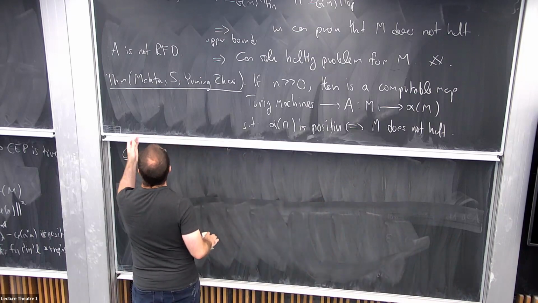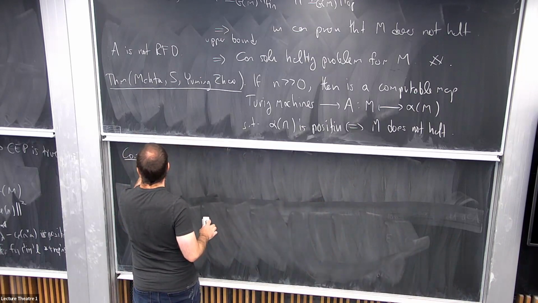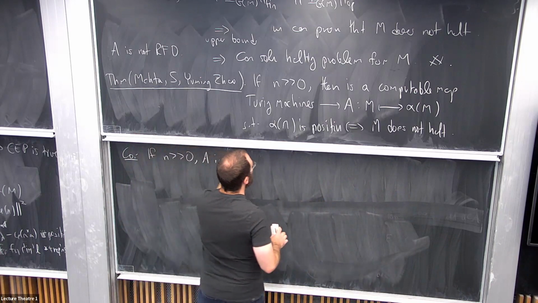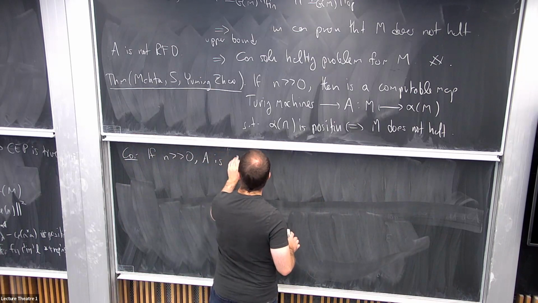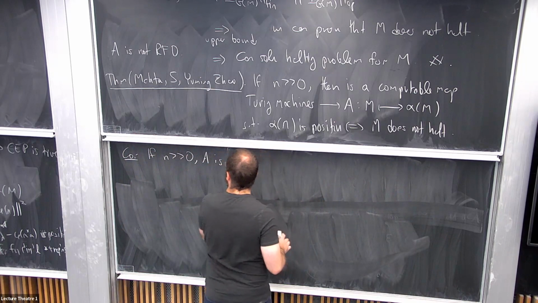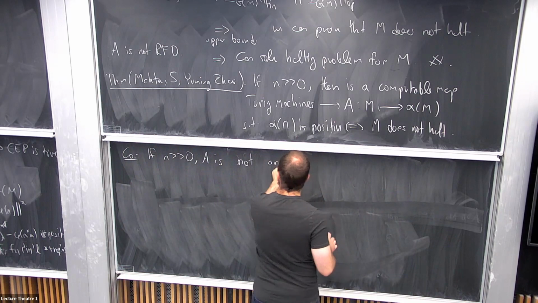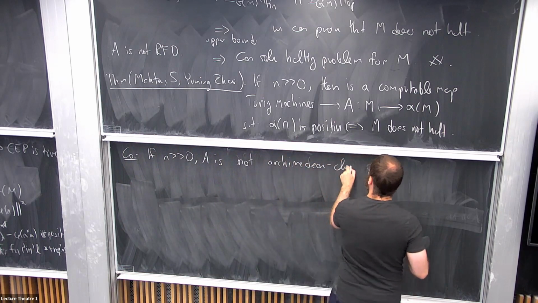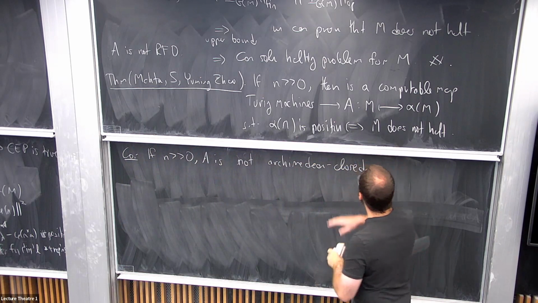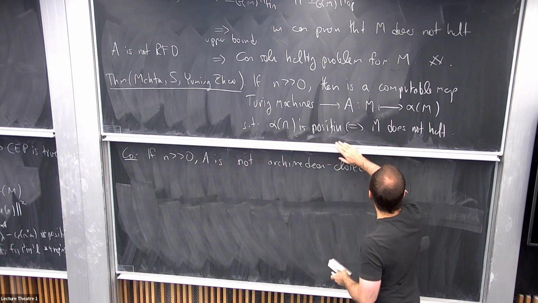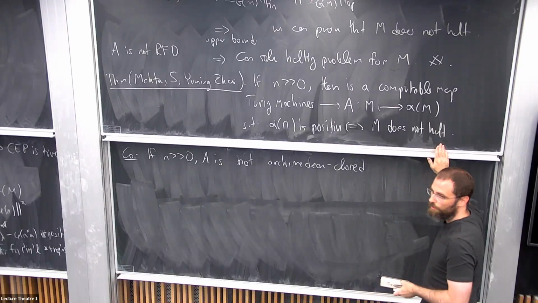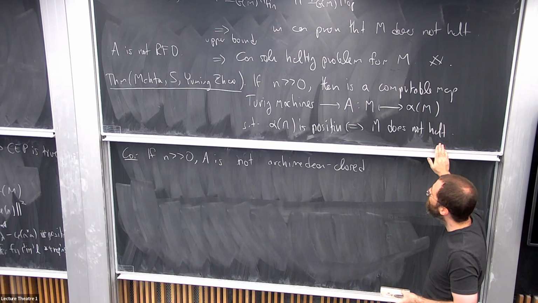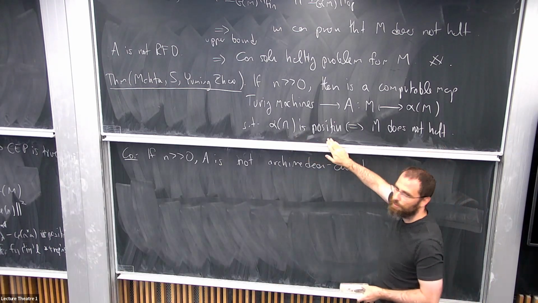What we get as a corollary immediately is that if n is large enough, then A is not Archimedean closed. The reason is that the direction matters: alpha M is positive if and only if the machine does not halt. Imagine it was Archimedean closed. That would mean that if something is positive, it has a sum of squares decomposition.